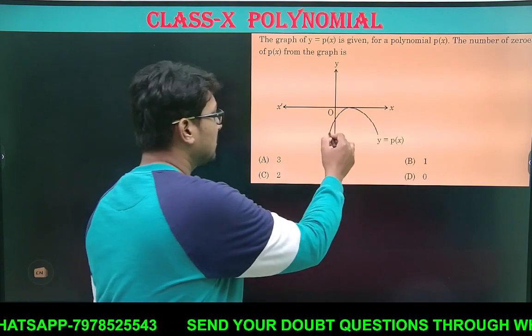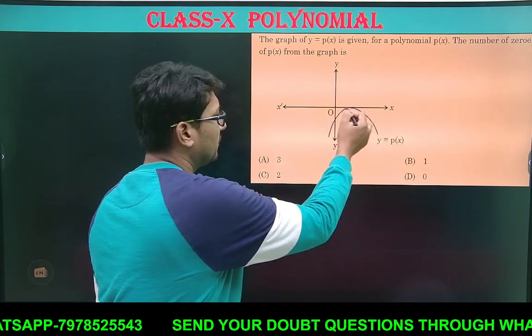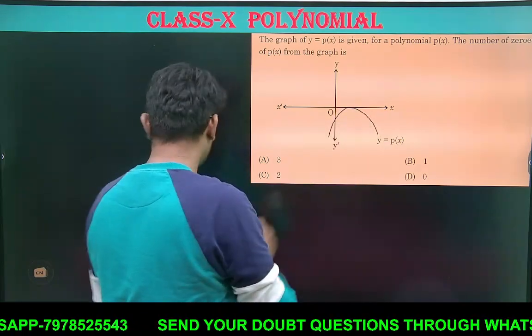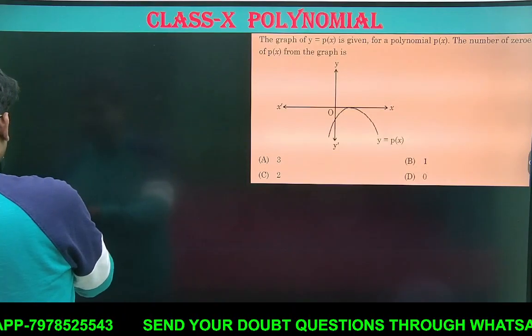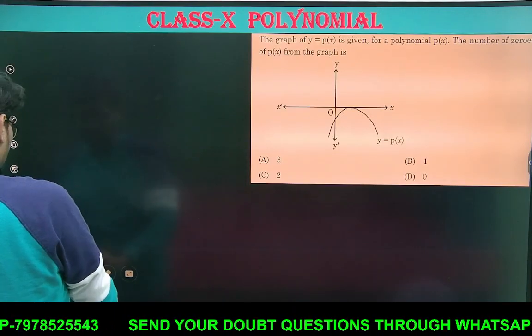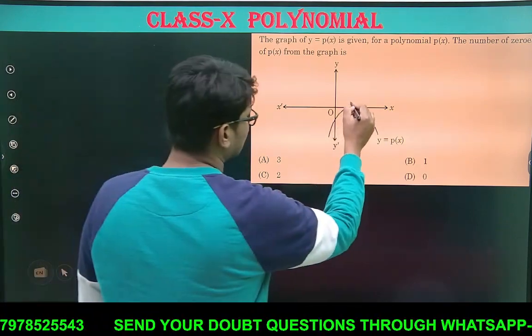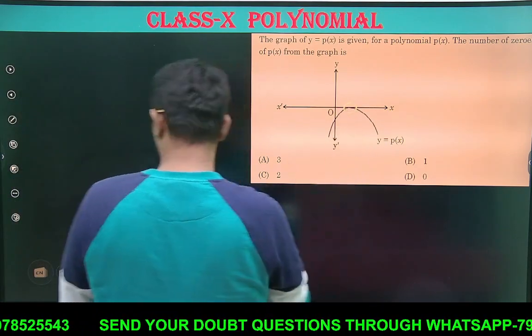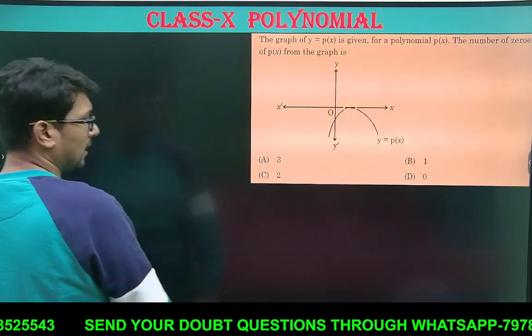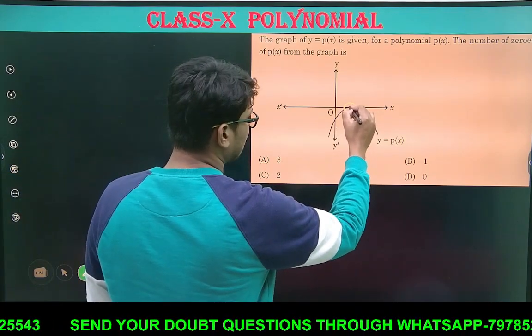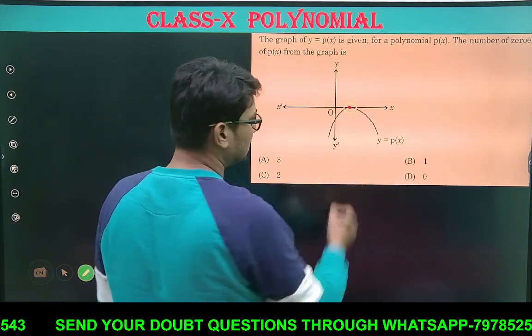Now you can see, dear student, the graph intersects the x-axis at one point. At how many points? At one point. That's why there is only one zero.